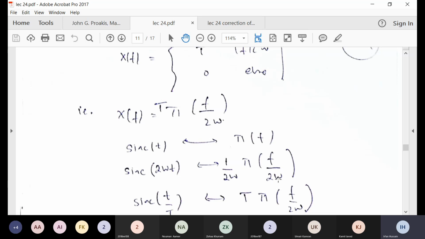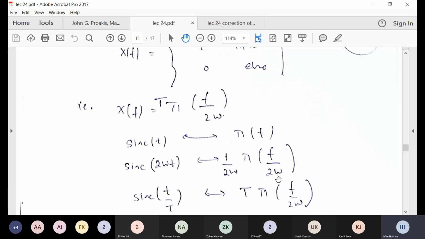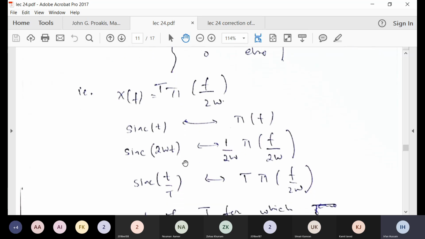This we have already seen in chapter 2. This comes to be like this. And if we say that 2w is equal to 1 over t, this becomes t over t, this becomes t, and you can write this as 2w, or you can also write this as ft.